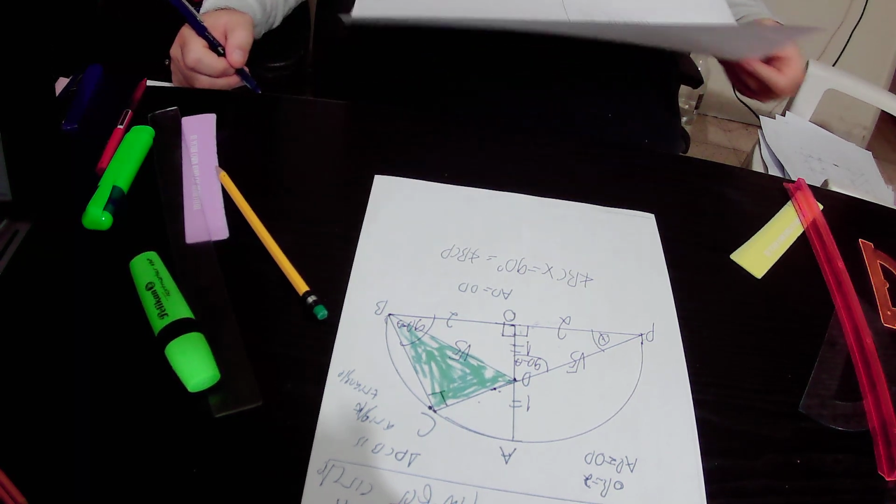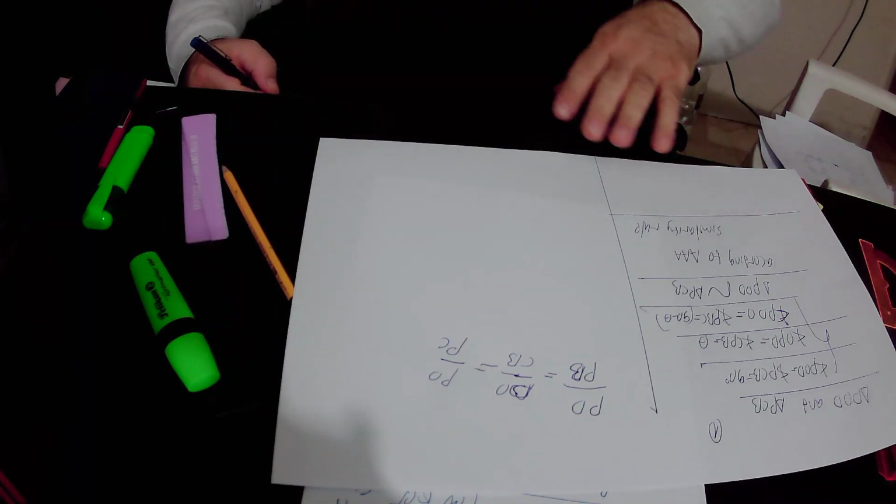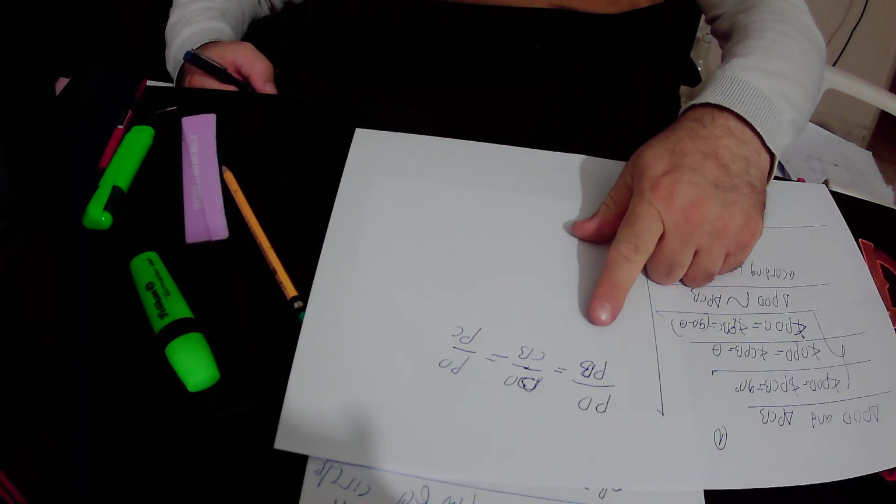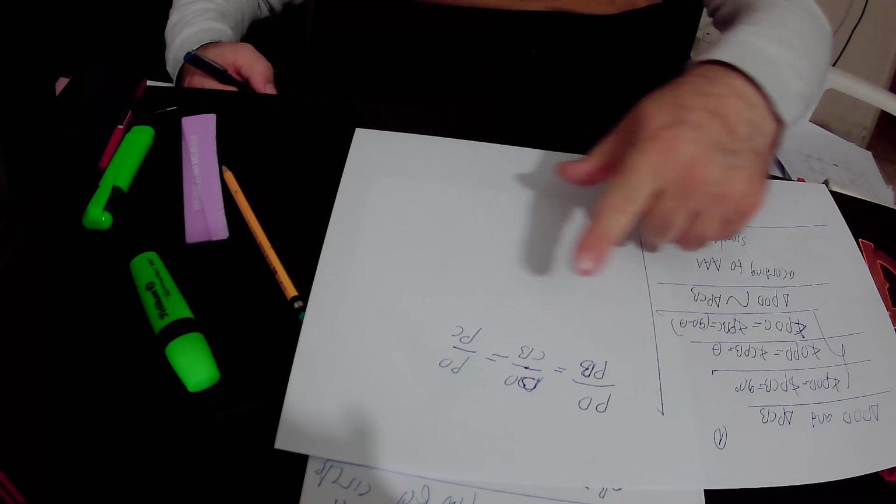I repeat again, PD over PB equals DO over CB equals PO over PC.